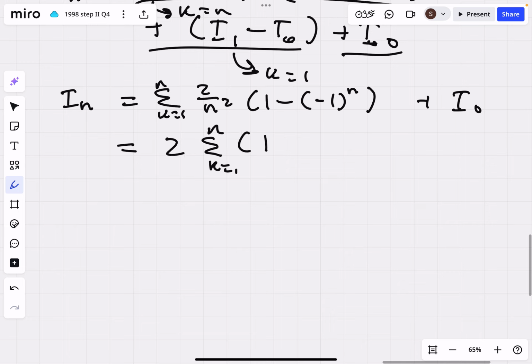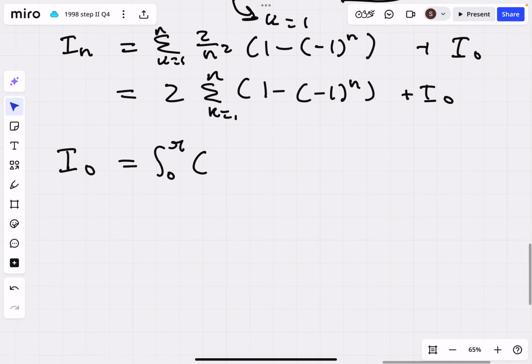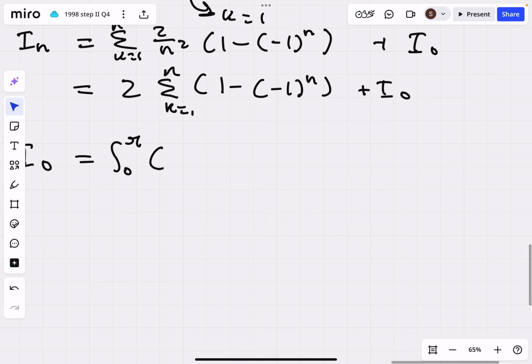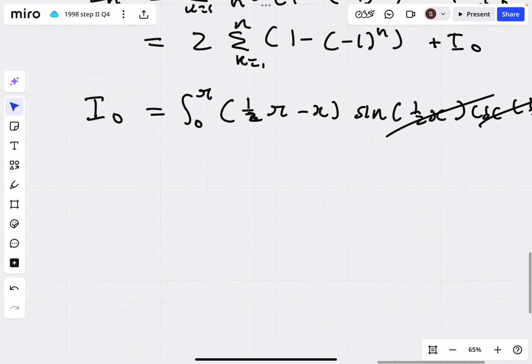But now let's find out I_0, which is simple. We just plug in n equals 0 to I_n. So what I_n is, is the integral of half pi minus x sine nx cosec half x. So if we plug in n equals 0, it would be half pi minus x sine half x cosec half x dx. And sine half x and cosec half x cancel out because they're reciprocals.